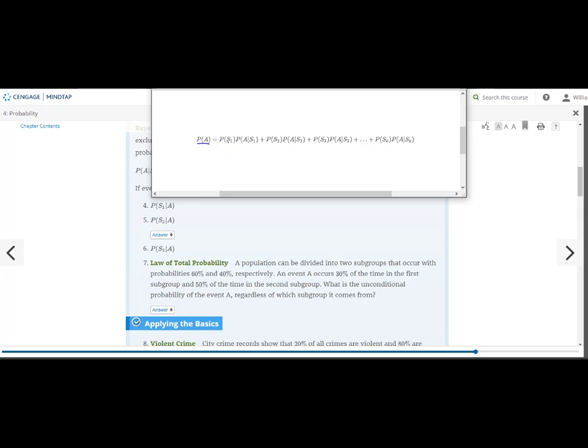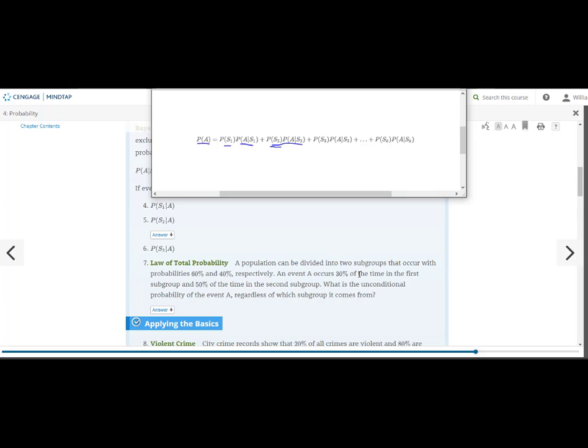Well, it's this and this, and we only have two terms because we're only partitioning into two sets. We are given the probability of S1, that's 60%. We're given the probability of S2, that also is 40%. Event A occurs 30% of the time in the first subgroup.